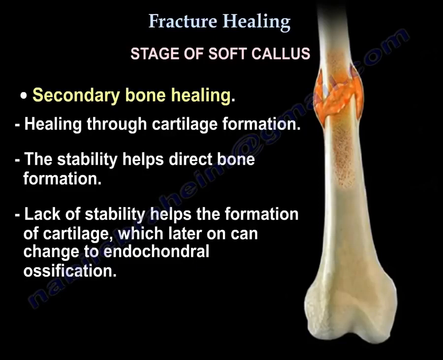Secondary bone healing is healing through cartilage formation. So the stability helps direct bone formation. Lack of stability helps the formation of cartilage, which later on can change to bone through endochondral ossification.